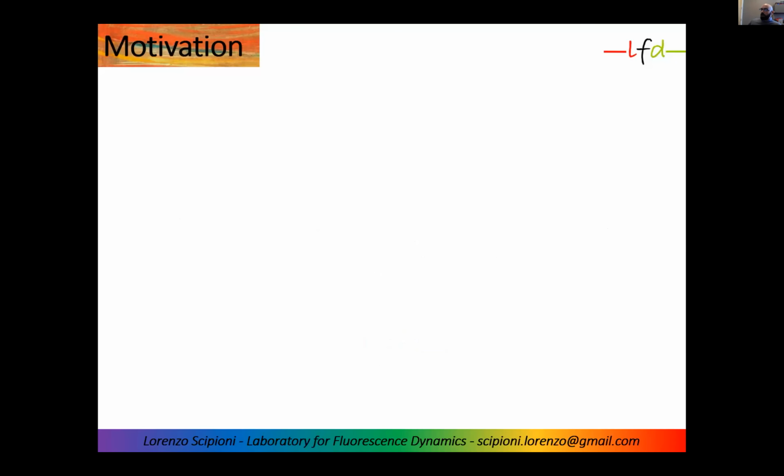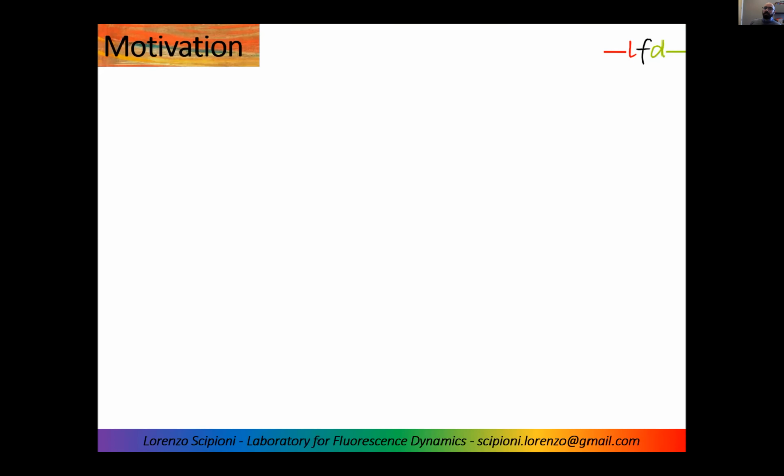So, starting with the motivations: correlation techniques give you a lot of information on different spatiotemporal scales that are also complementary with each other.